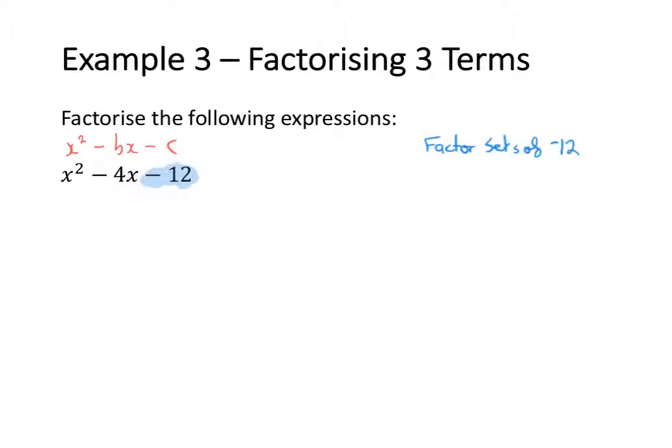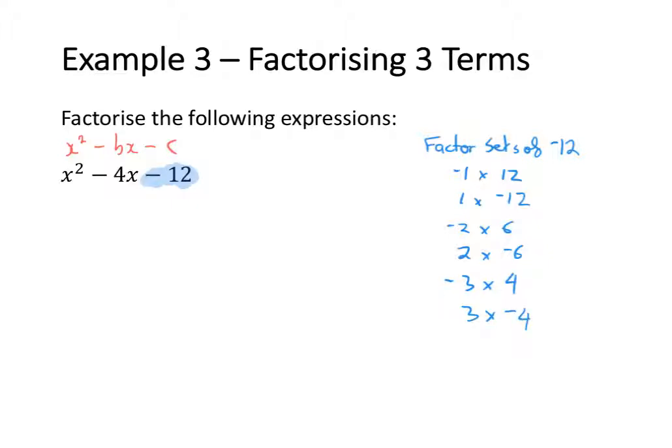Because I'm looking for factor sets of a negative number, one of my factors has to be positive and one has to be negative, because that's the only way to multiply two numbers to get a negative answer. So my factor sets are negative 1 times 12, or 1 times negative 12, negative 2 times 6, or 2 times negative 6, negative 3 times 4, or 3 times negative 4.